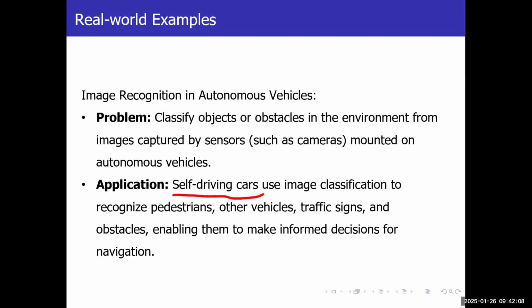Because the stop sign in each area would be slightly different, so they have to account for some variety. And also to detect other vehicles, there are maybe more than 1,000 types of vehicle. And then you have to be able to distinguish between a vehicle, a building, and a person. So that is also a very difficult task.